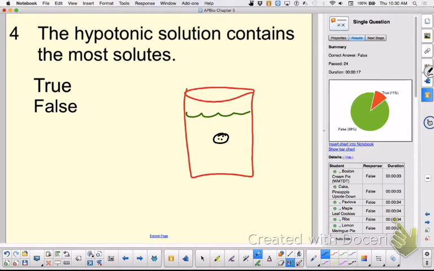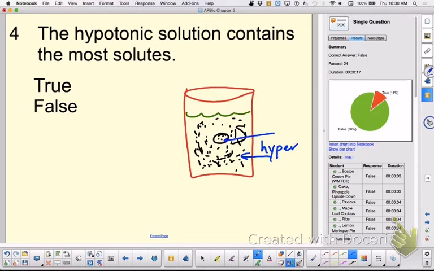If I have this cell, and I have some more chunks out here, osmotically active, what would you call this solution out here? Hyper. And you would call this cell, because it has less, hypo. Water must flow from the hypo.